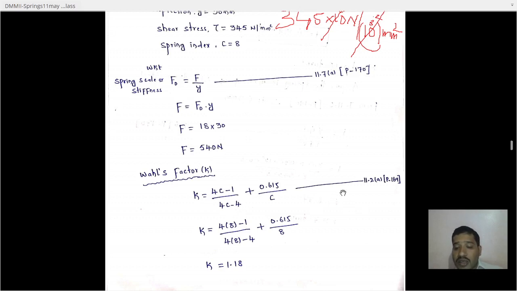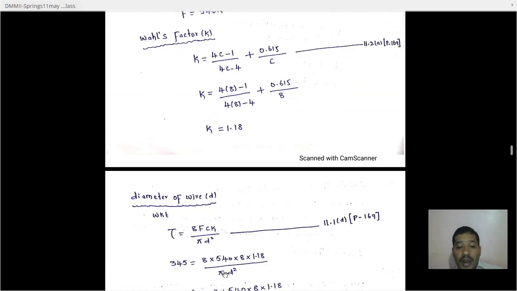Refer to the equation 11.2a, page number 169. 4 into spring index 8 minus 1, divided by 4 into spring index 8 minus 4, plus 0.615 divided by 8.